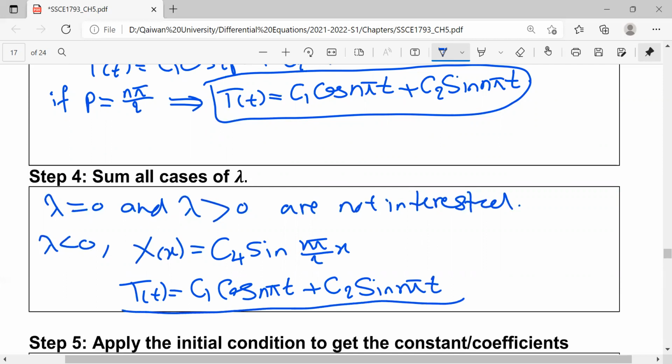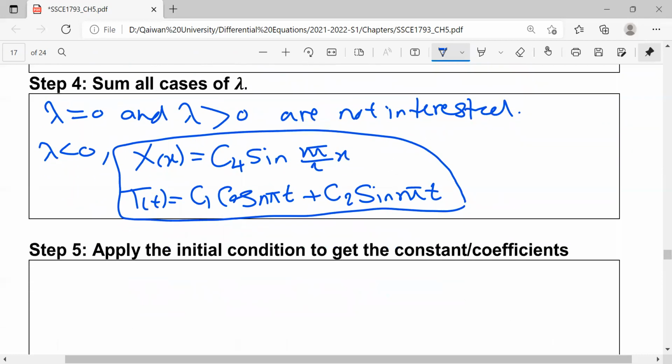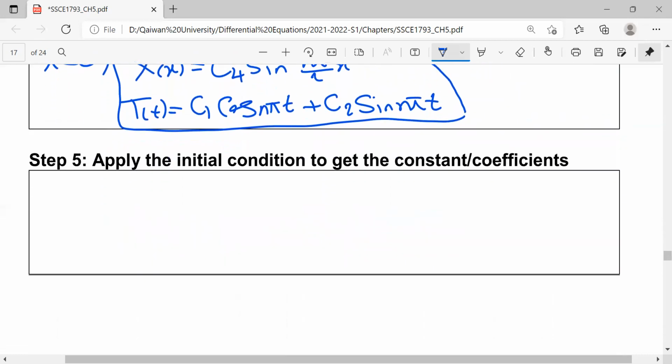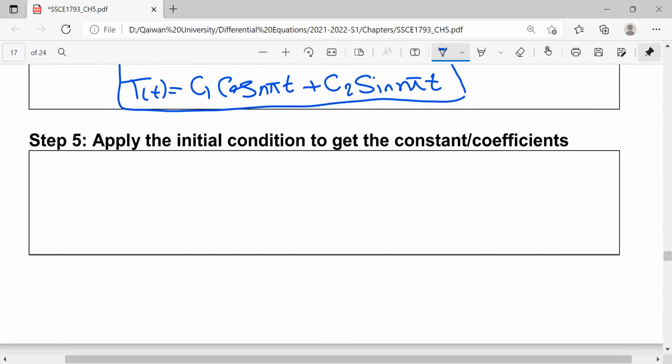We have these two solutions in the case of lambda being a negative value. We now apply the initial conditions.